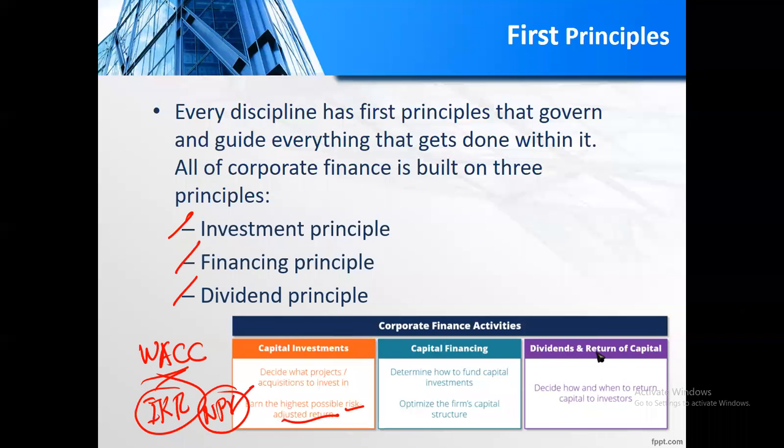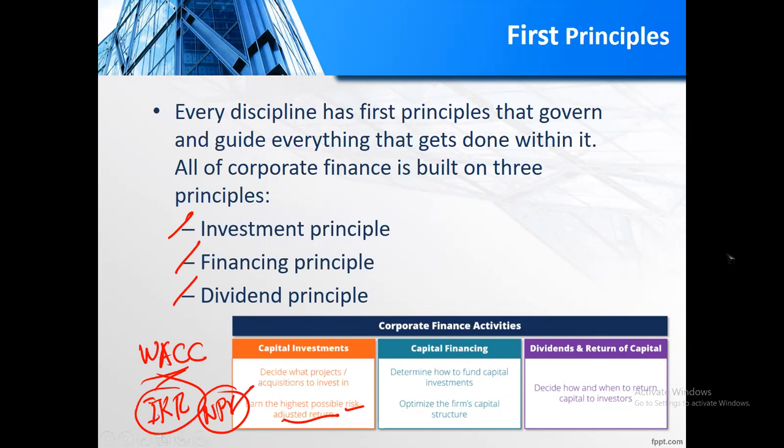And lastly, dividends and return of capital. This is a very important decision making for the firm because they have to decide whether it's good to retain the funds or to give them back to the shareholders. Okay, that's a very important decision that a firm has to make.